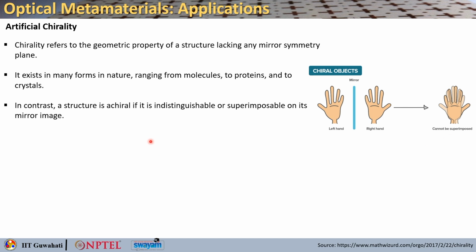Chirality exists in many forms in nature, starting from molecules to proteins and to crystals. Even this particular example shows you that we also have chiral objects with us. In contrast, a structure is called achiral if you can properly superimpose the object on its mirror image.